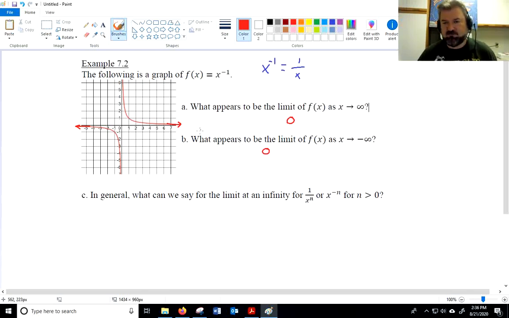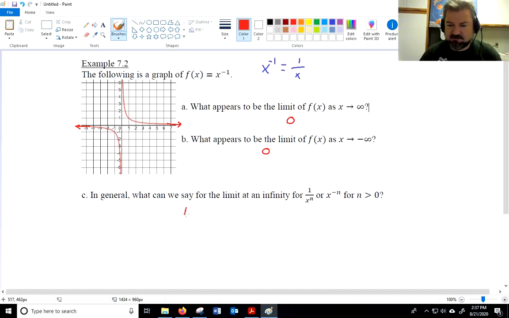In general, what can we say for a limit at infinity of 1 over x to the n? What I want you to realize is that I'm doing x to the -1 here, but this could be x to the -2nd, x to the -3rd, really any negative exponent, because I'm calling it negative n, or 1 over x to any positive n.